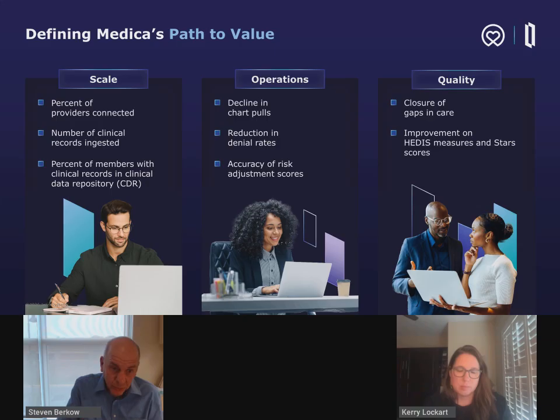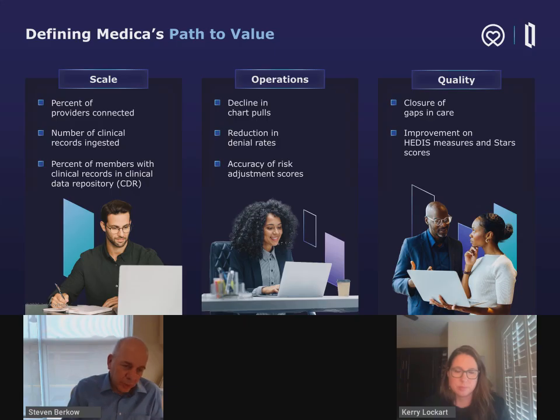One of the things, as somebody who's worked in measurement for a long time, that really strikes me is that it's limited. There's an adage in measurement, if you try to measure everything, if you think everything's important, then nothing is important. And I think Medica did a really good job of using metrics here to focus their own people and focus us on the critical things we have to get right to ultimately get to the impact, which is captured in the quality column.